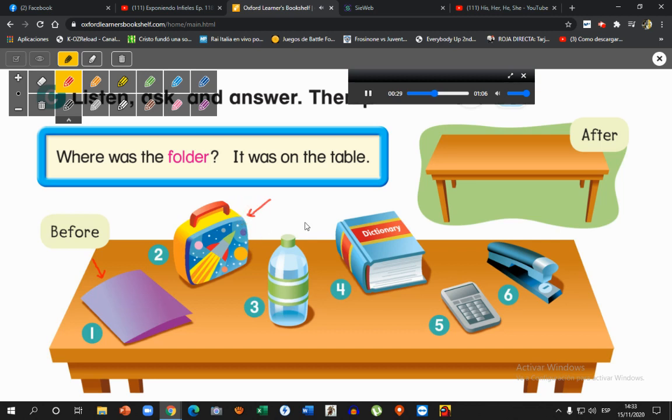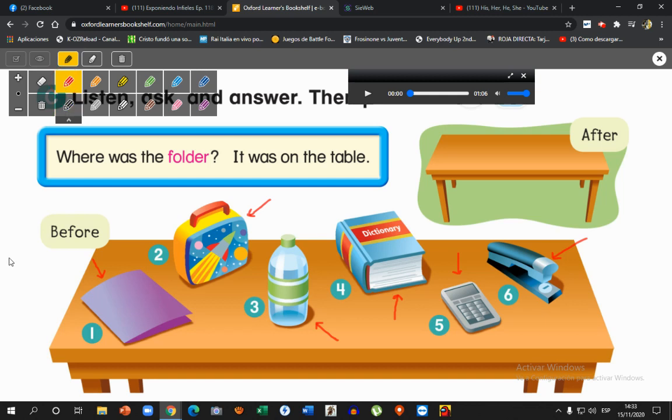It was on the table. 3, Where was the water bottle? It was on the table. 4, Where was the dictionary? It was on the table. 5, Where was the calculator? It was on the table. 6, Where was the stapler? It was on the table.